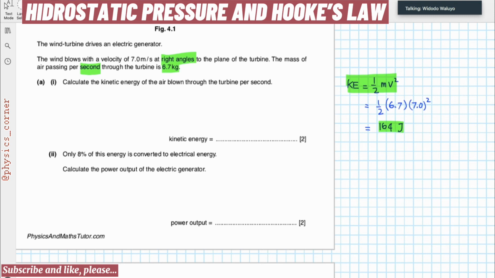Okay, so the power output. Let me check. Only 80% of energy is converted into electrical energy. Calculate the power output of the electric generator. Okay, this one is efficiency.